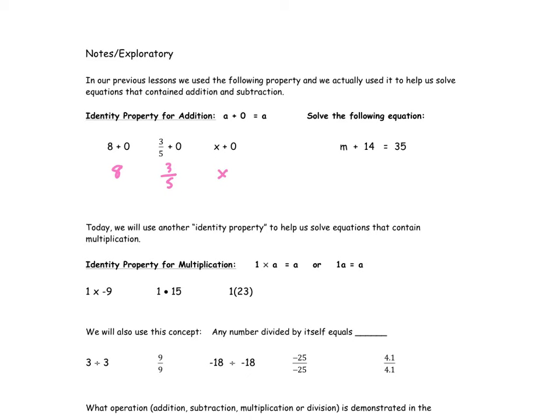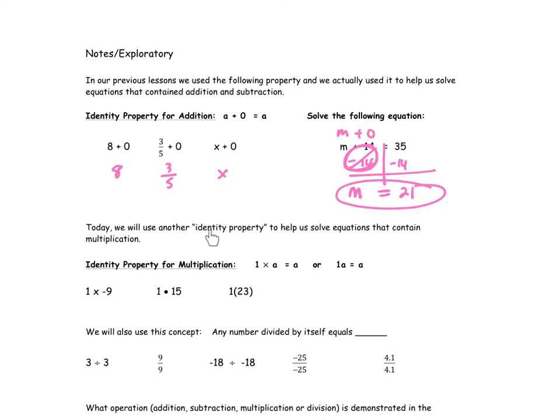And that's what we've been doing when we solve. We've been using the inverse operation to basically make a 0 or zero this out. So I really have m plus 0, which leaves me m, which is the goal to isolate the variable, and then this side I have 21. So we've been using that property to solve.